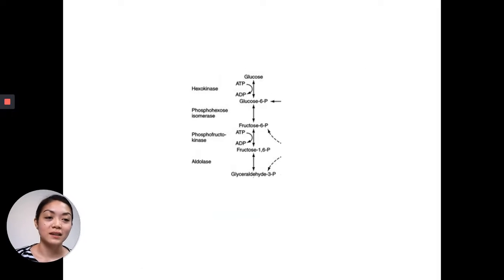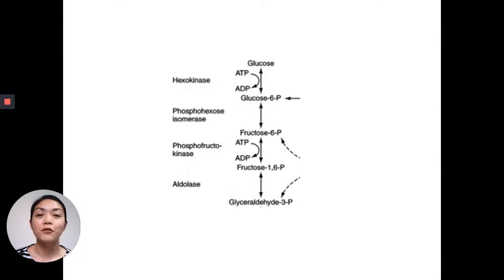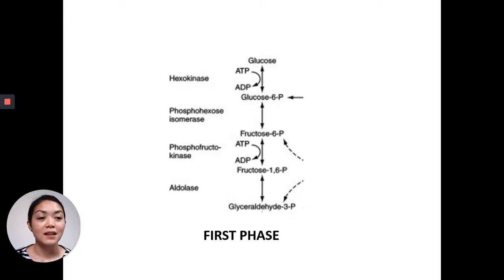We have 4 enzymes needed, and from glucose, the intermediate product is G3P or glyceraldehyde 3-phosphate. Hexokinase is the first enzyme to act. It requires energy, forming G6P, and G6P is rearranged to F6P via phosphohexose isomerase.